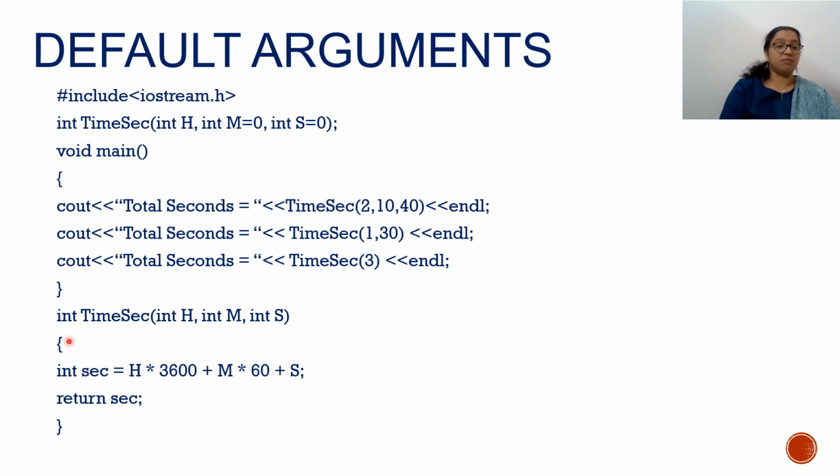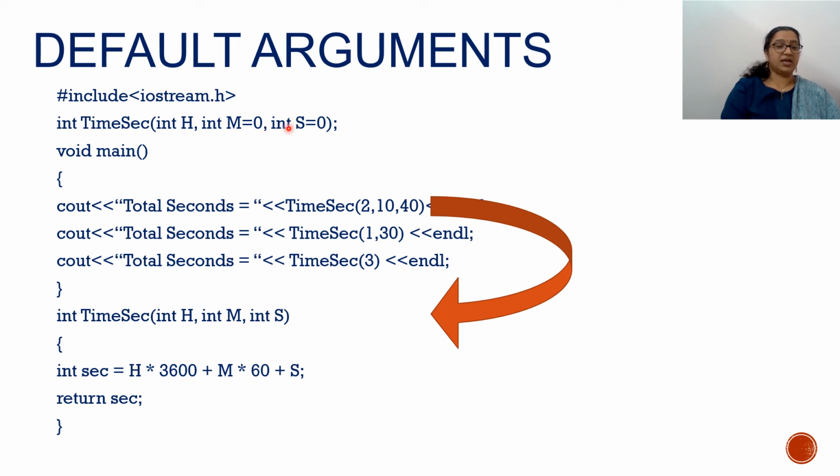So this is the program here. Understood? Now how will it work? The execution begins at void main and cout total seconds. See, timeSecond with the values 2, 10 and 40. 2 will be copied to h, 10 to m and 40 to s.